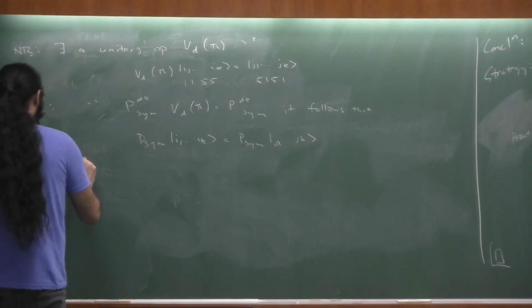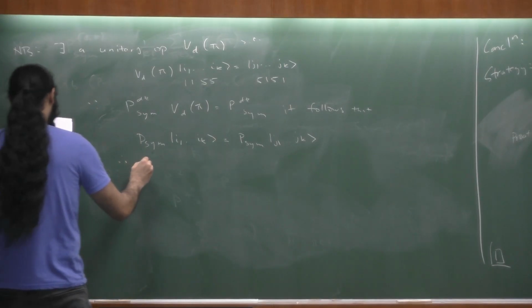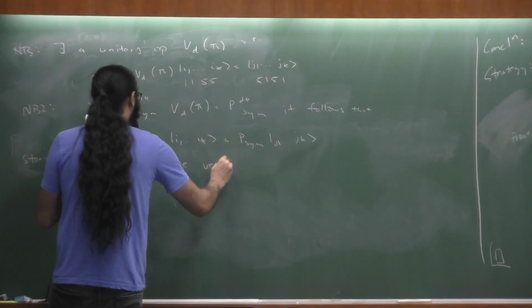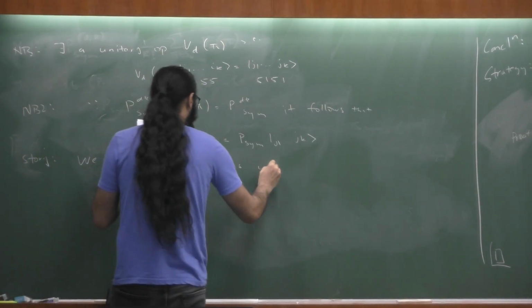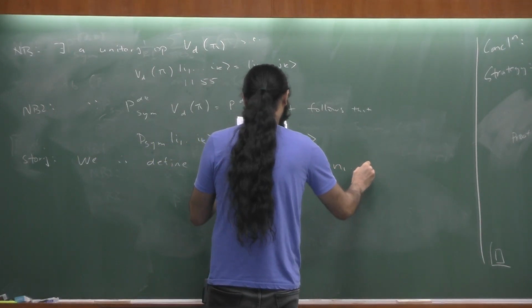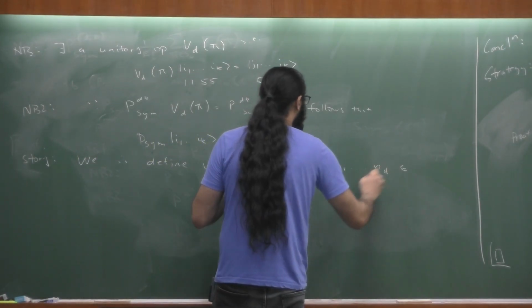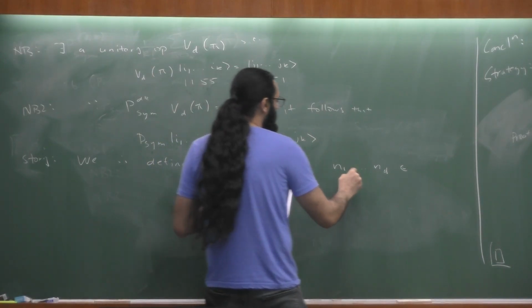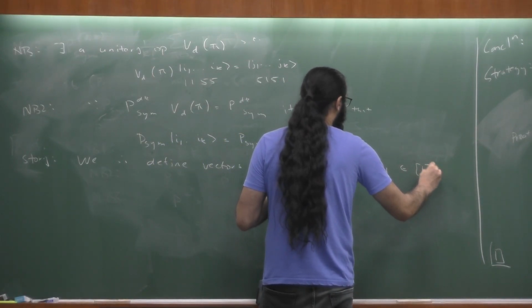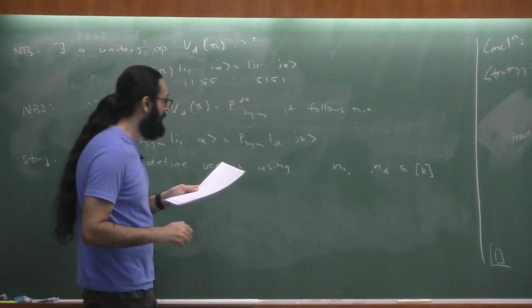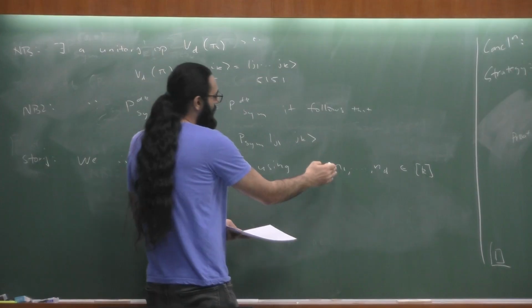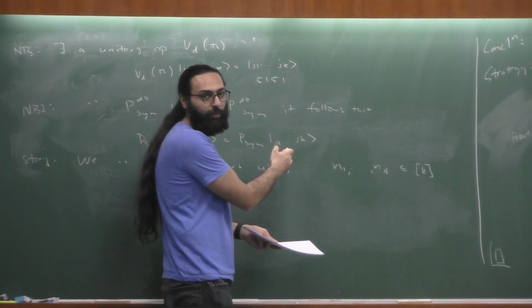So now we therefore define vectors using this notation. So n1 to nd, and each of these is saying how many indices correspond to, like how many systems have the value 1, how many systems have the value 2, and so on.